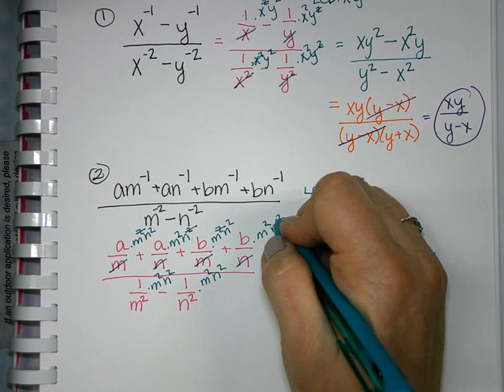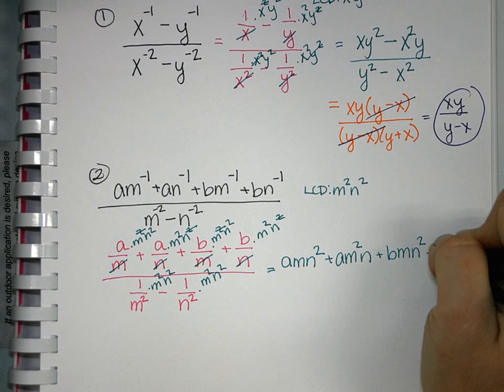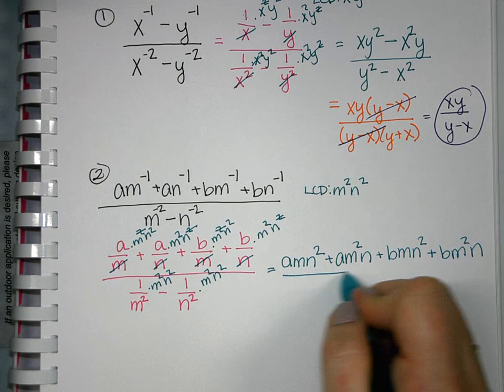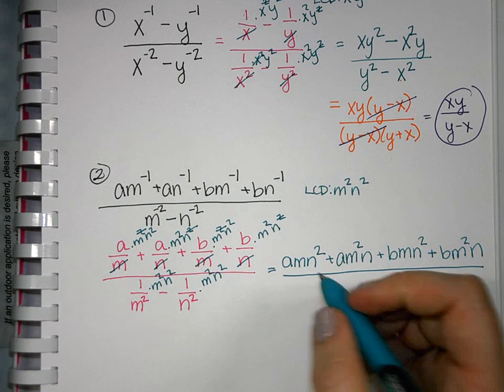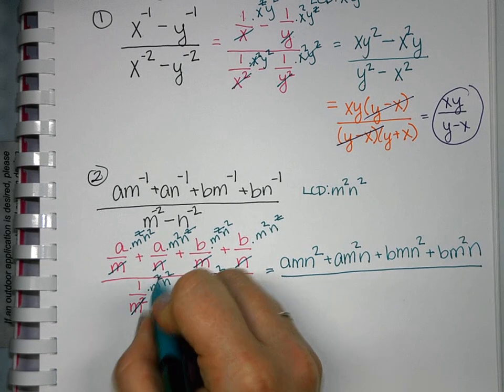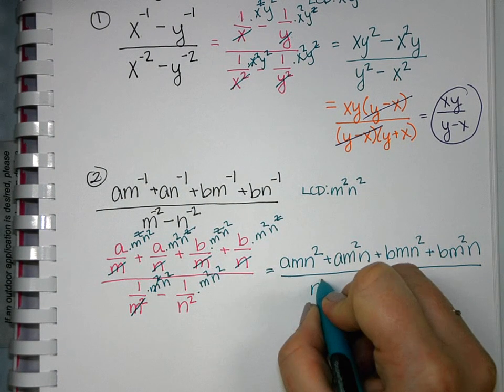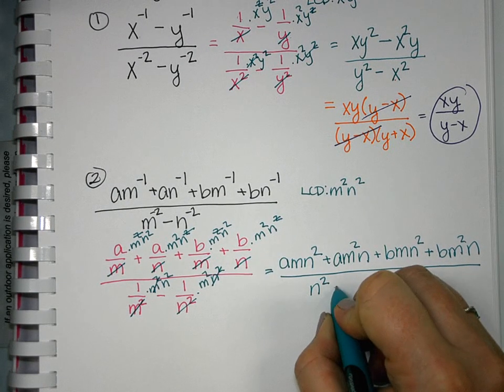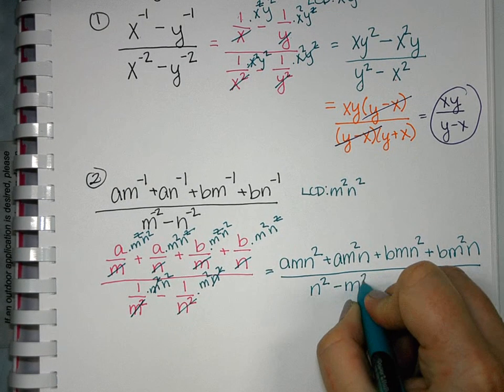And one n will cancel, leaving me with b m squared n. So there's my numerator after multiplying. And then in the denominator, the m squared cancels all the way, leaving me with n squared. And in the second term on the bottom, the n squareds will cancel, leaving me with an m squared.